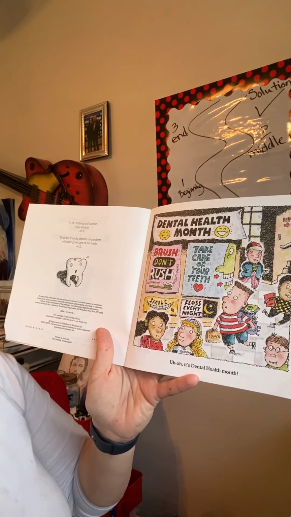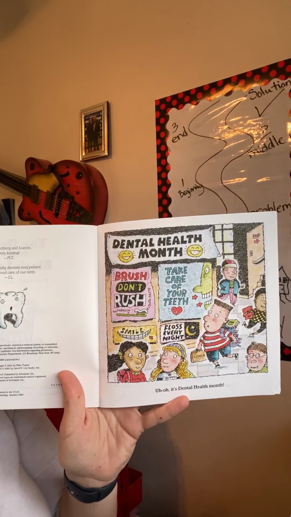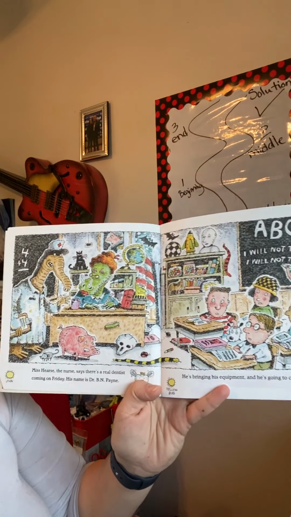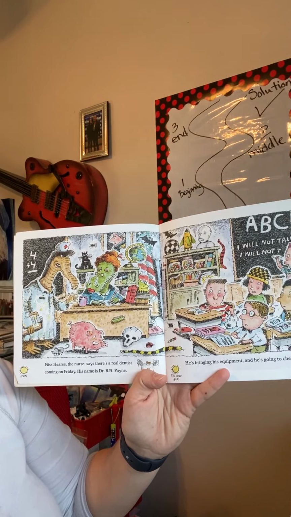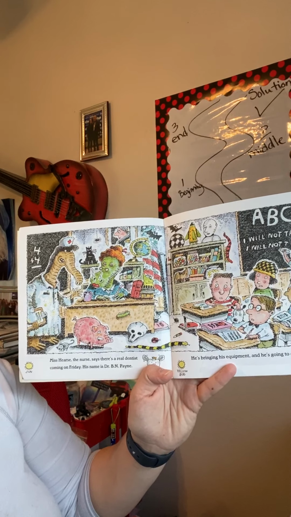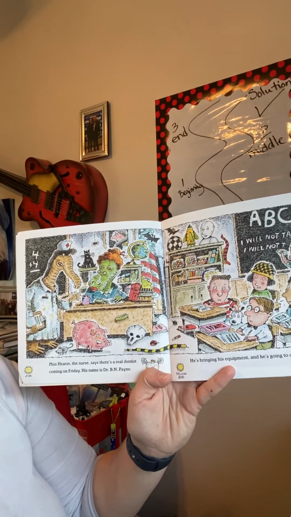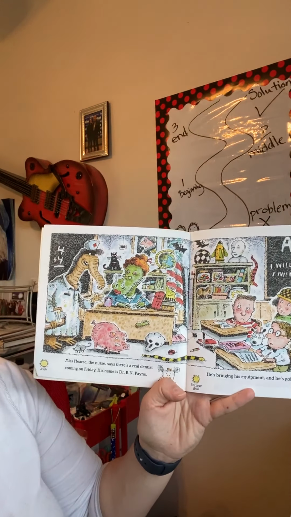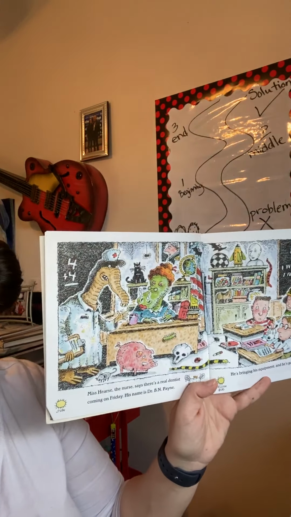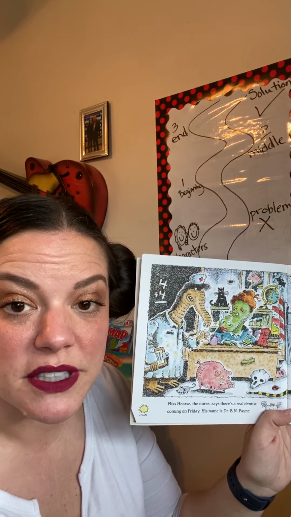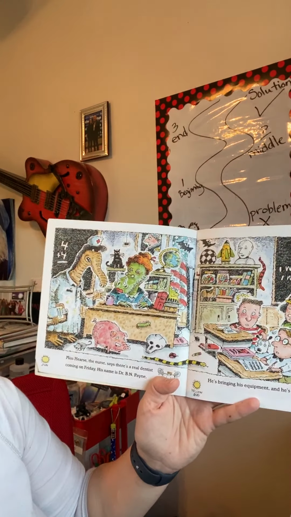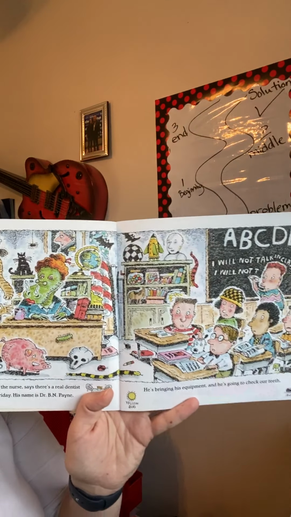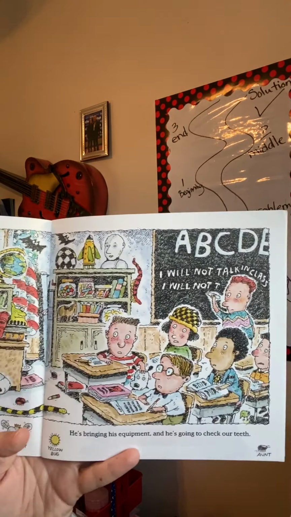Uh-oh, it's Dental Health Month. Miss Hurst, the nurse, says there's a real dentist coming on Friday. His name is Dr. N.B. Payne. Can you imagine your dentist, Mr. Payne? He's bringing his equipment and he's going to check our teeth.